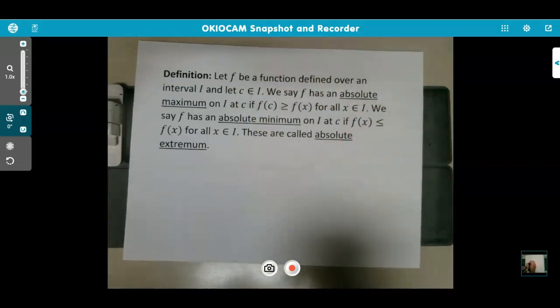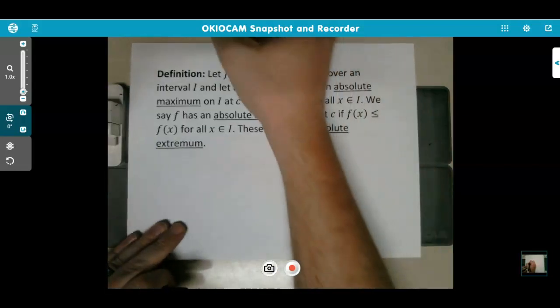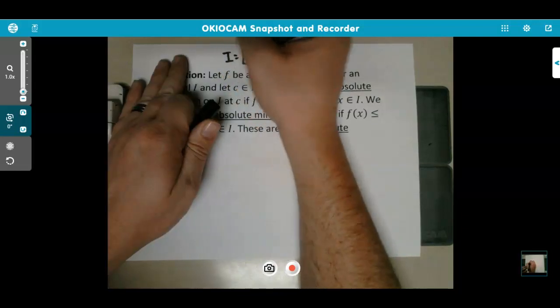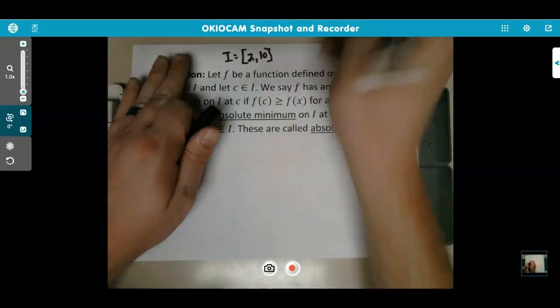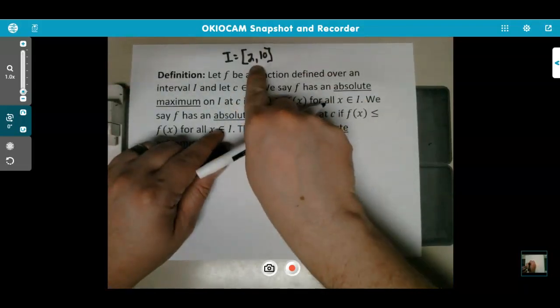So if I had I equal to the interval, I'll just say 2 to 10, this means C is somewhere between those, is what that sign means.